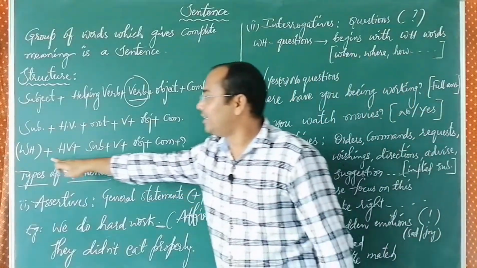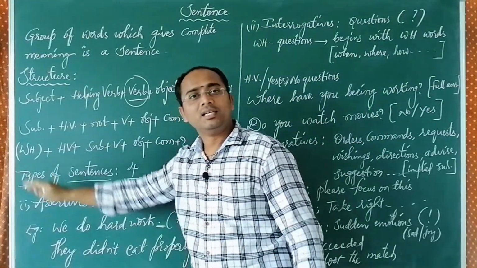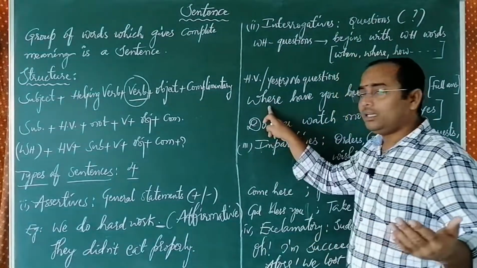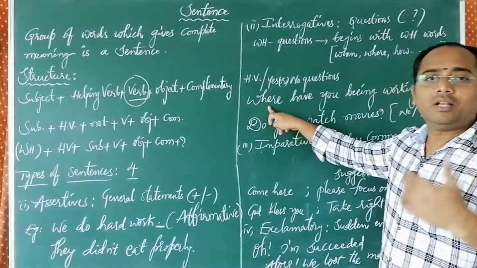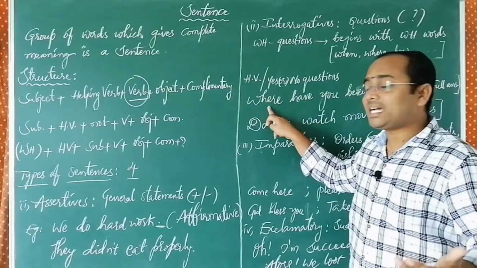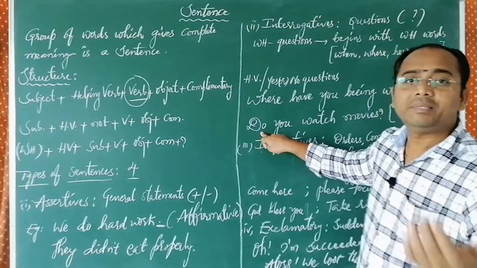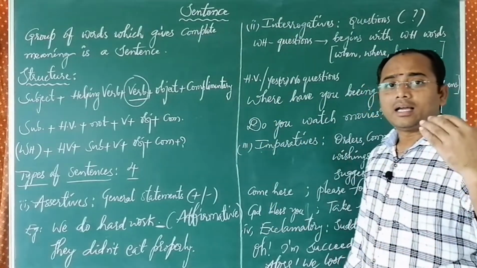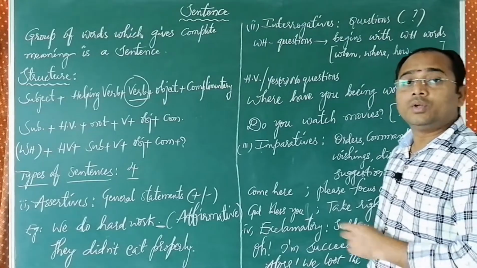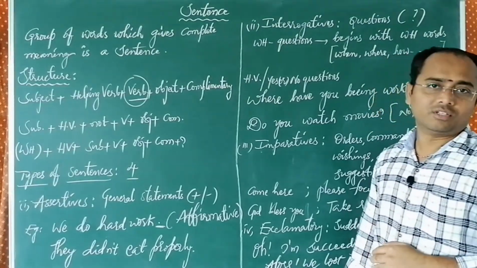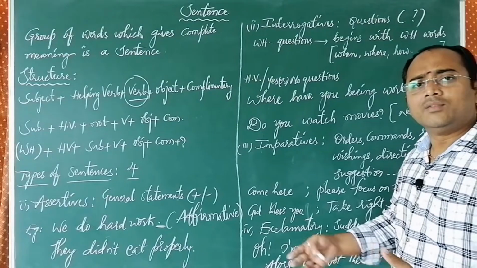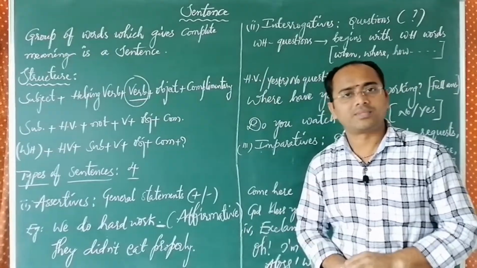I mentioned this already, that's the reason I have kept it in brackets. So a question may start with a WH word, or with any one of the helping verbs. As I mentioned in the previous video, we have totally 24 helping verbs. You can start the question with any one of those helping verbs.